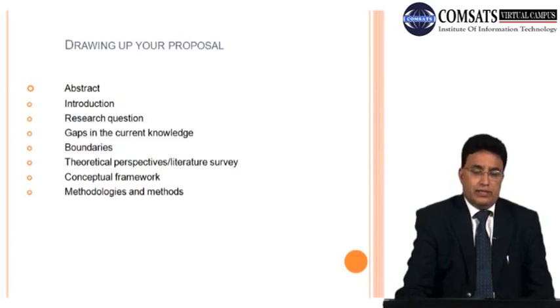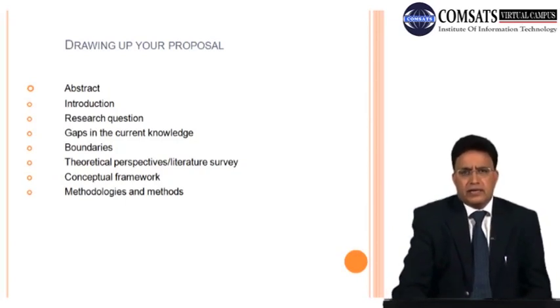Well, I have taken some of the elements which should be part of any dissertation or thesis or any research, and they should be in the same order. So the first thing in a finished research report is an abstract.